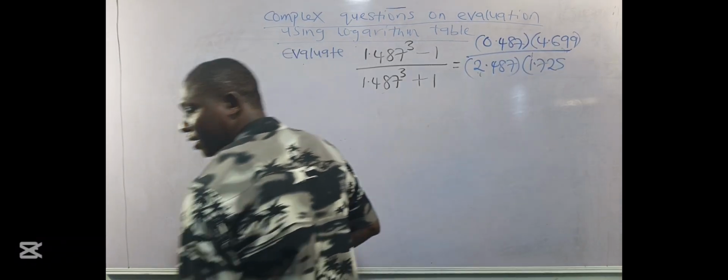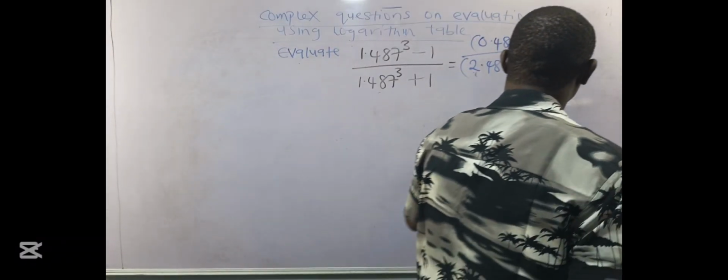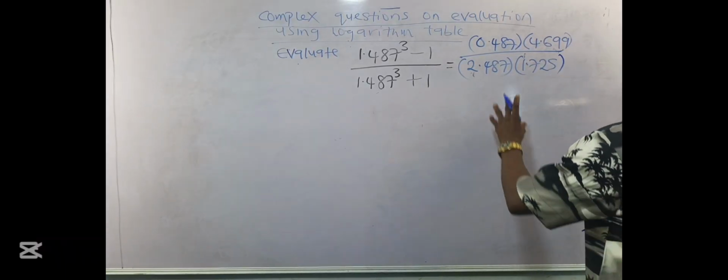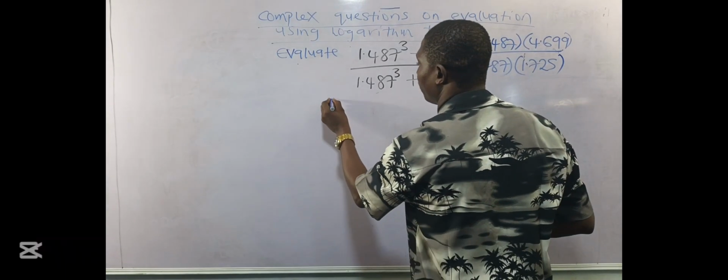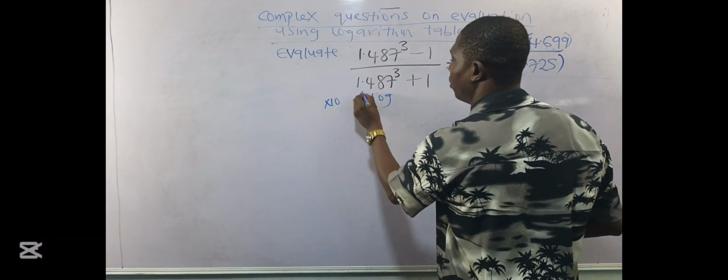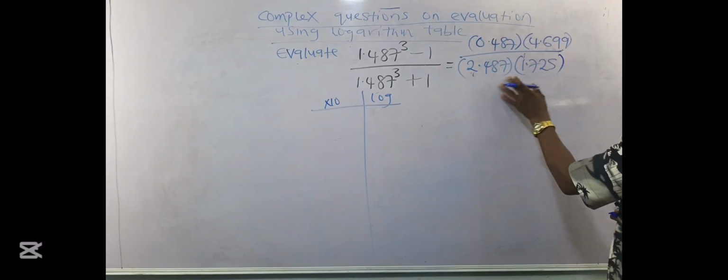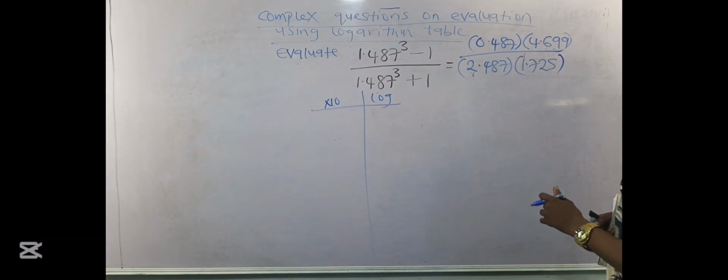So here we are. So if we've done it down to this position, all we need to do is to use our number and log, because you can see there now the numerator is being combined by multiplication, the denominator is being combined by what? Multiplication.